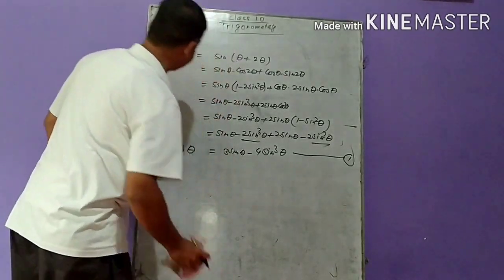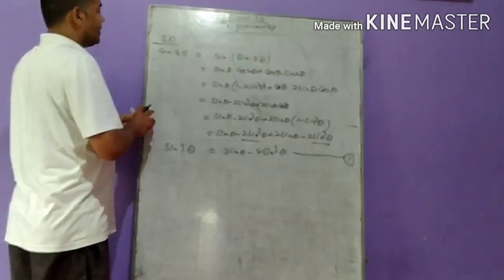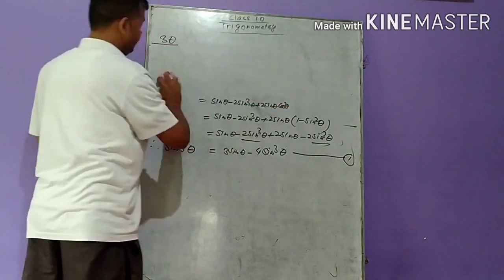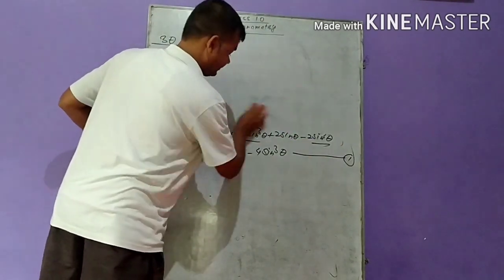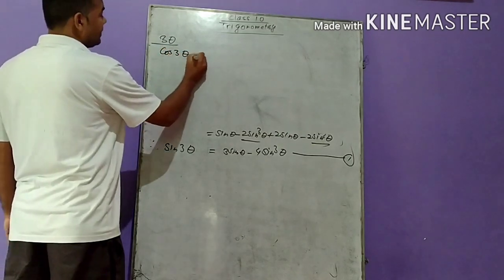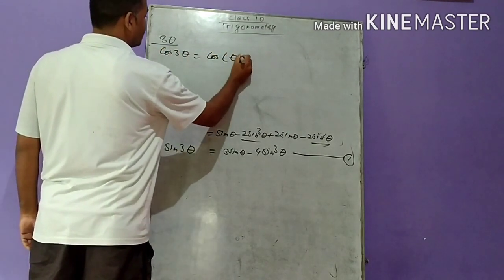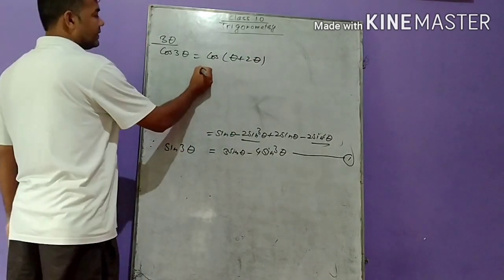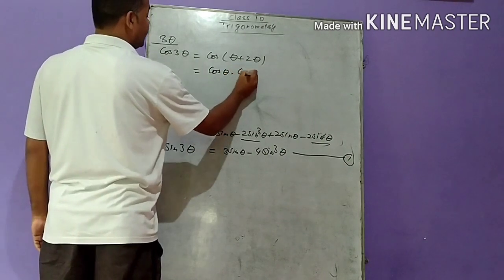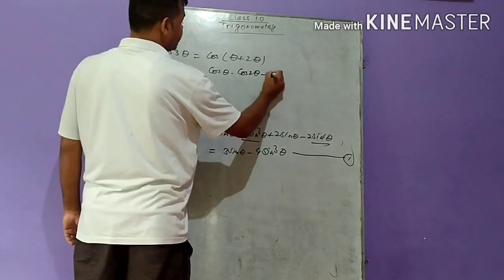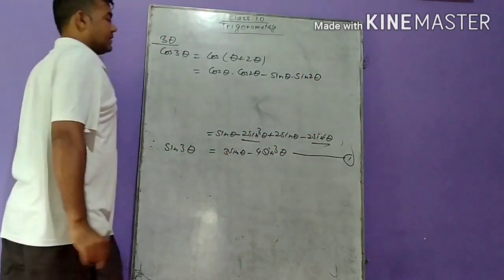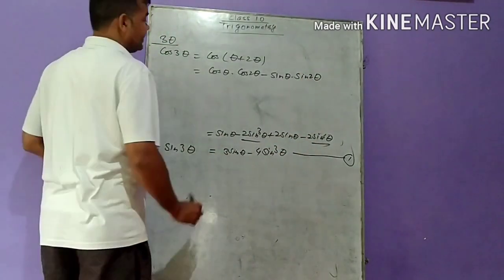In the same way, we can also derive cos 3 theta. We can write cos 3 theta means cos of theta plus 2 theta, and we know that cos A plus B means cos A into cos B minus sin A into sin B. This is our original identity.